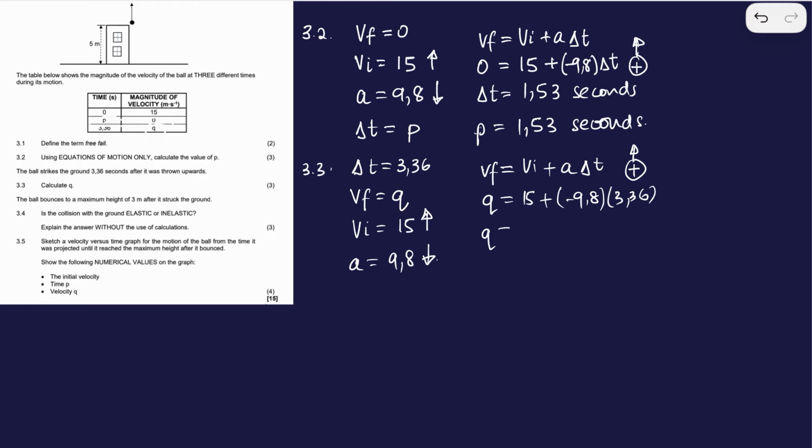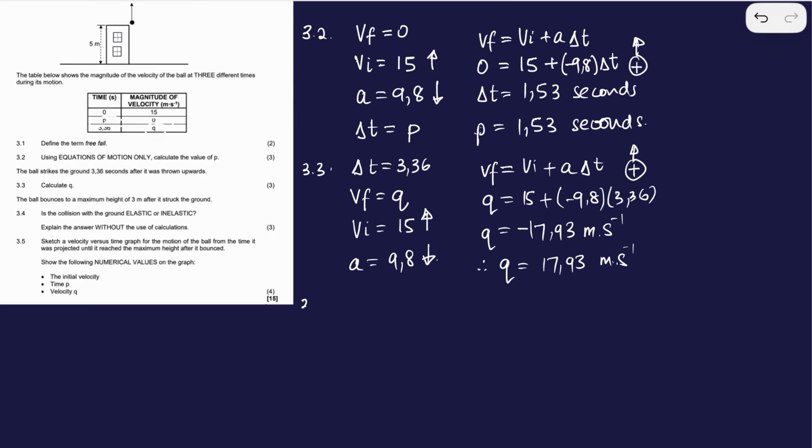That means Q is equal to negative 17,93 meters per second. Now, since the table asks for the magnitude, we need to only put the number without the negative. So we'll say therefore Q is equal to 17,93 meters per second.